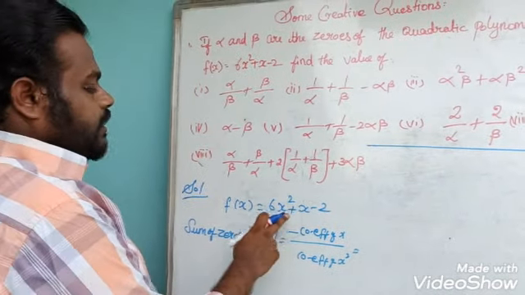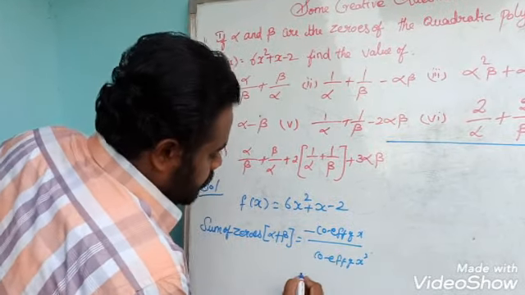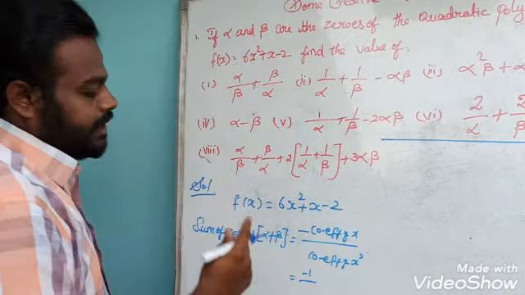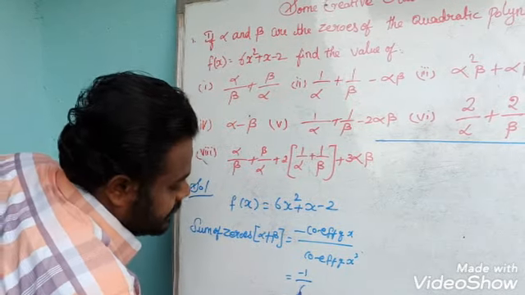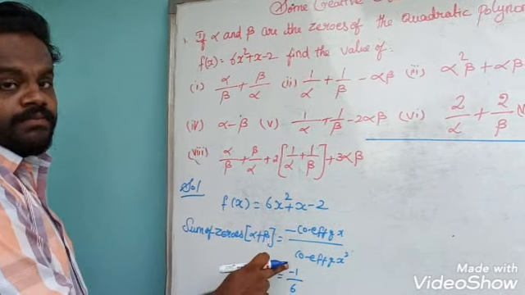Here the coefficient of x is plus 1, so we get minus 1 divided by the coefficient of x square, 6. So the sum of zeros, alpha plus beta, equals minus 1 by 6.